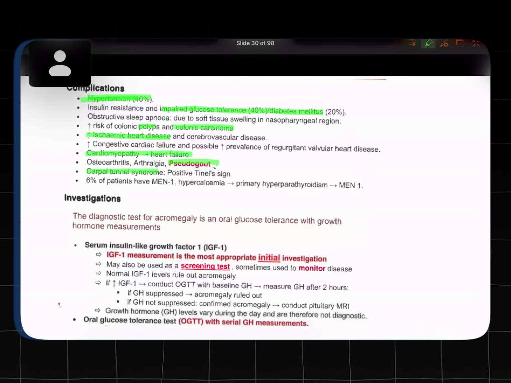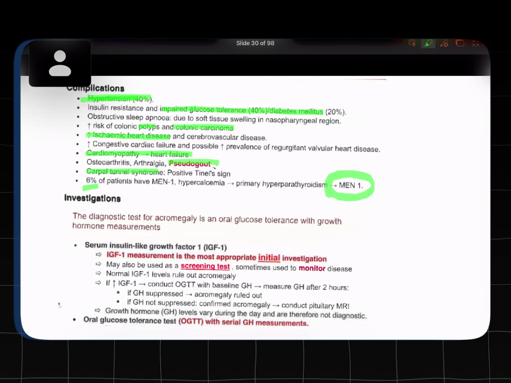These are the questions which have come, and it is also associated with MEN 1. MEN 1, MEN 2, we shall discuss maybe next session, or it will be discussed in some other session with some other faculty. But MEN 1, MEN 2, MEN 2A, MEN 2B, these are very important. MEN 1 is associated with acromegaly and primary hyperparathyroidism. 6% of patients are having this.